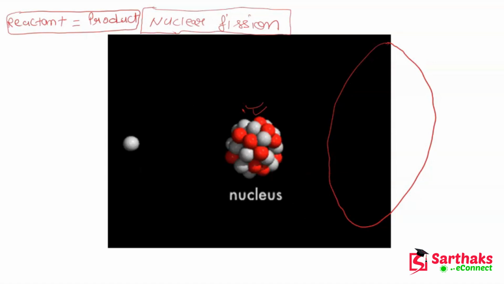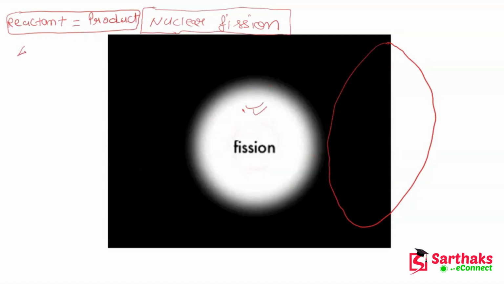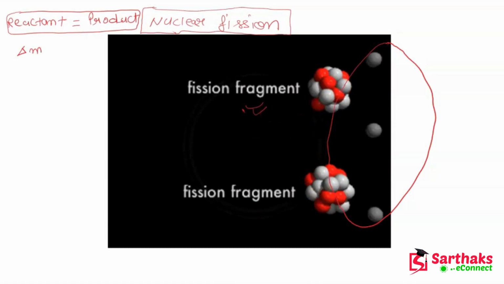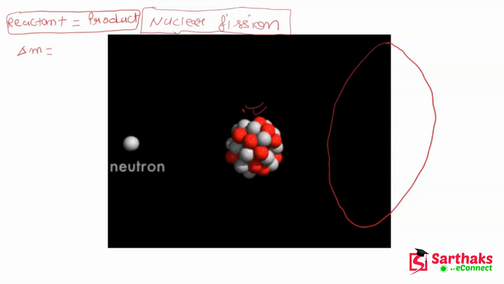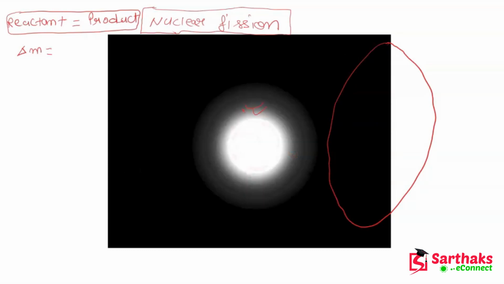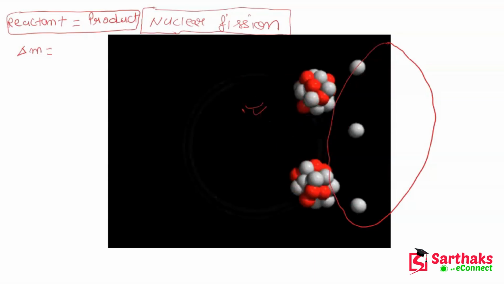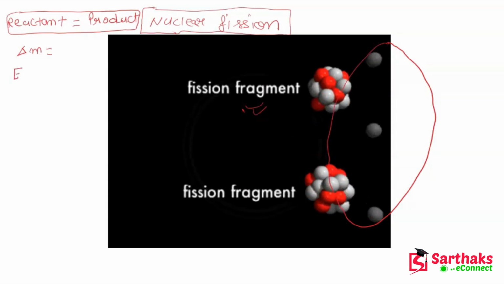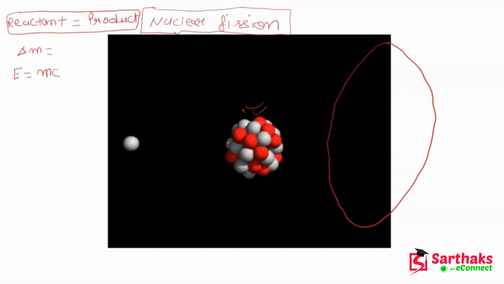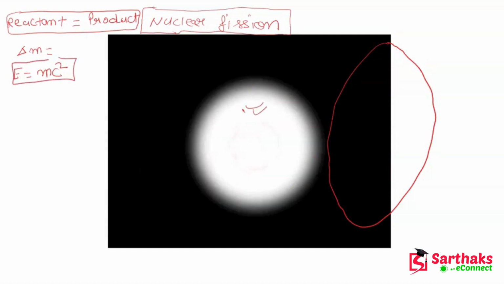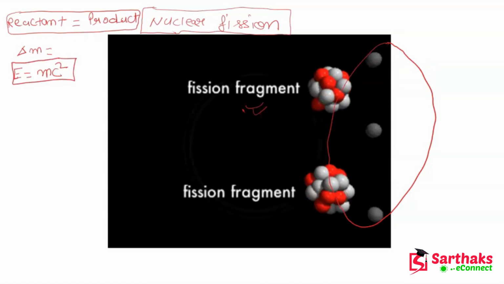So basically, let's suppose that delta m is the mass which is decreased. This mass will be converted into energy. It is converted into a high amount of energy, because we know that E is equal to mc squared.